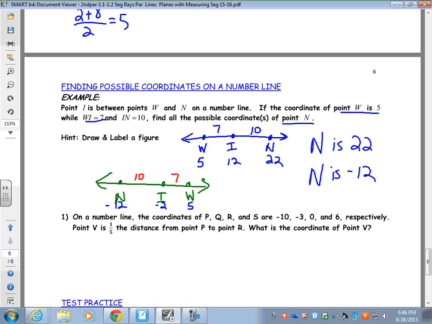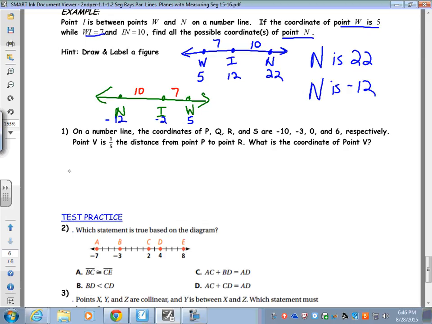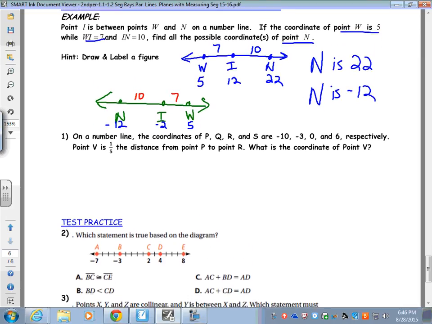All right, I thought there was another one you had to do, sorry. Oh yeah, you have it to do on the practice. So what I want you to do is look at a fourth. You had a problem like this on your pre-assessment, and the majority of you did very well on this. So if you have a number line, the coordinates of P, Q, R, S are negative 10, negative 3, 0, and 6, respectively.